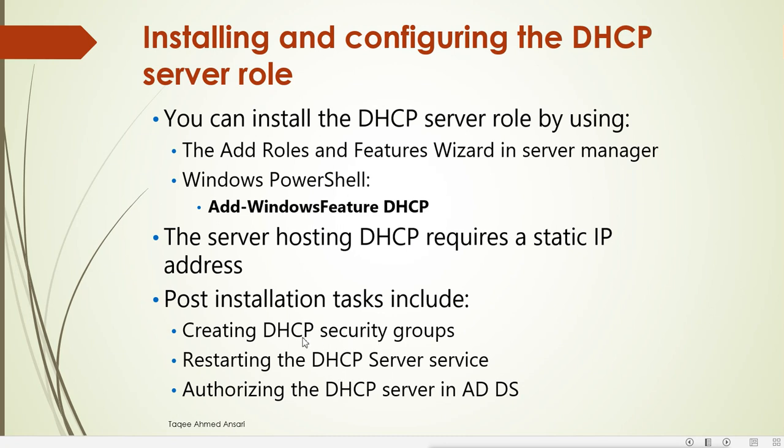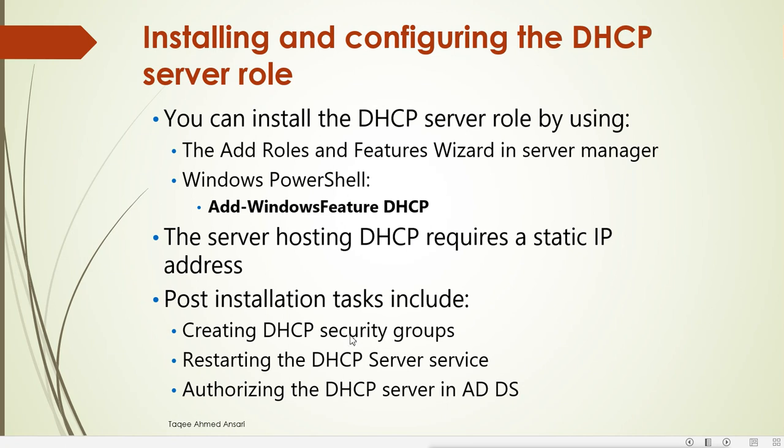So creating the DHCP security groups means creating two groups: one for the admin and one for the read-only admin. Members of the DHCP Administrators group can manage the DHCP server fully, and members of the read-only admin group can only read, that is, they can only monitor the DHCP services.